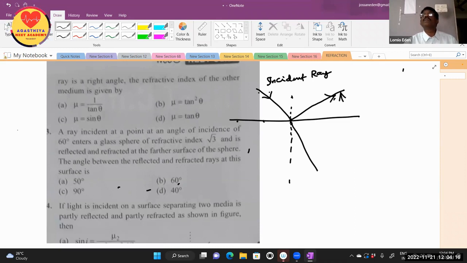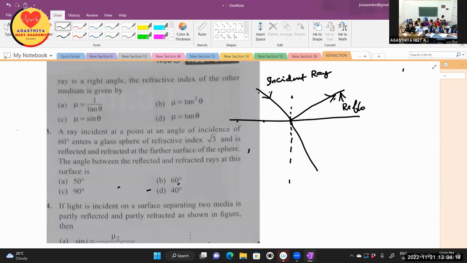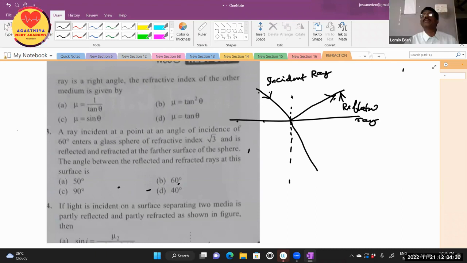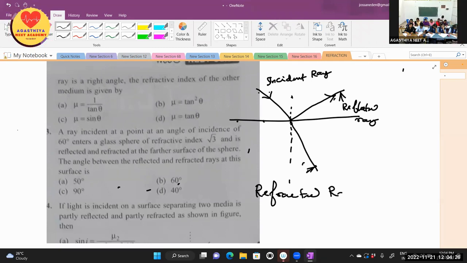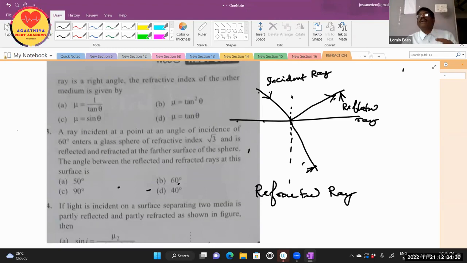This one is the reflected ray. This one is the refracted ray. The reflected and the refracted rays are at right angles to each other. The angle between these two rays is 90 degrees.